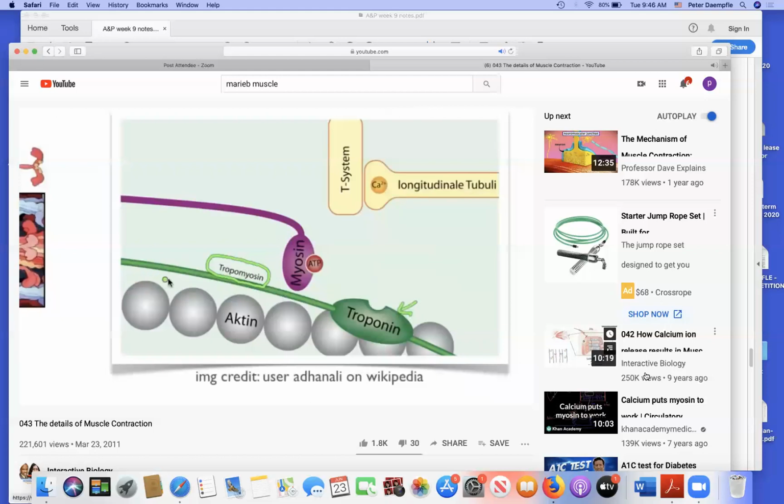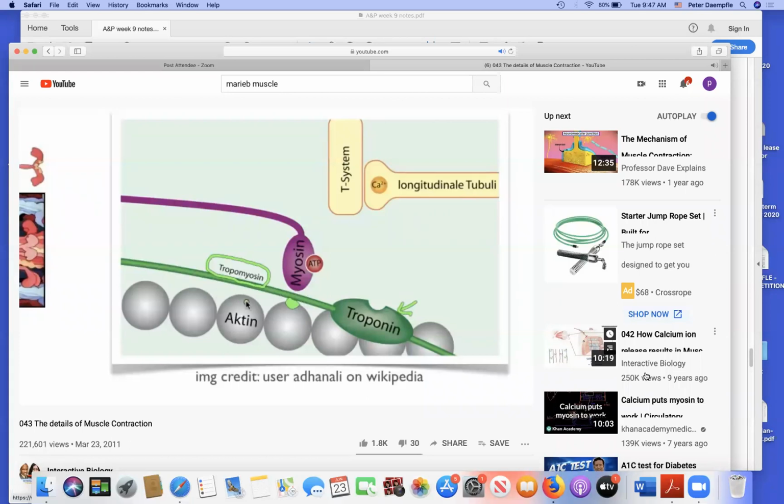Now, here's the situation. Because this is here, the myosin heads want to bind to the actin. There's some binding sites on the actin. So let's say this is a binding site right here. But what's the problem? The tropomyosin is covering that binding site, so the myosin heads cannot bind.